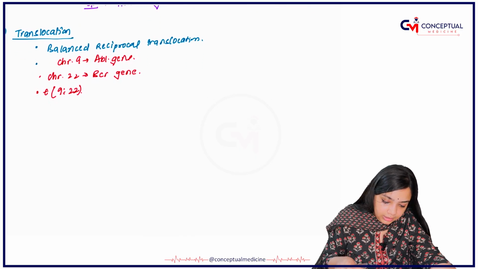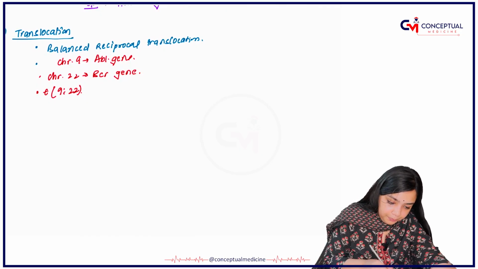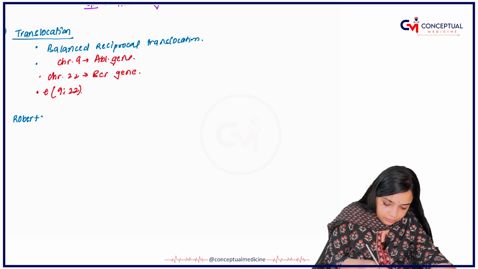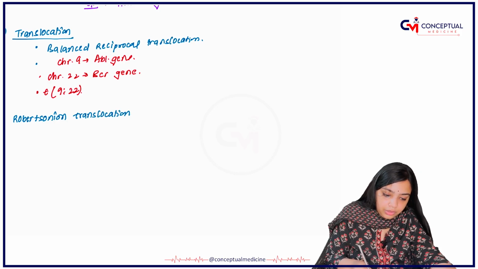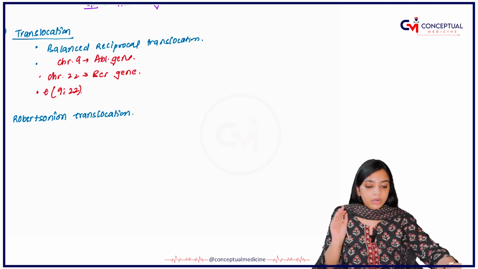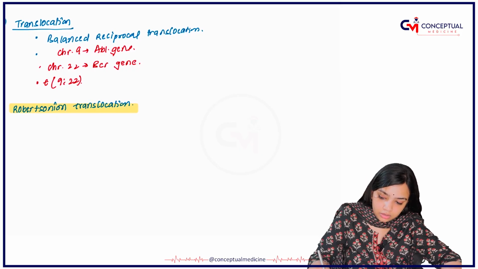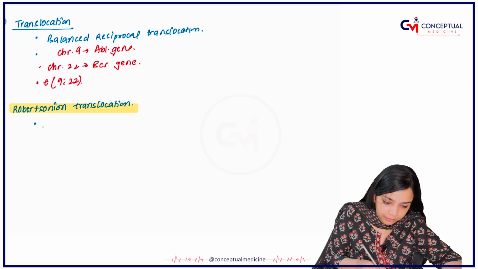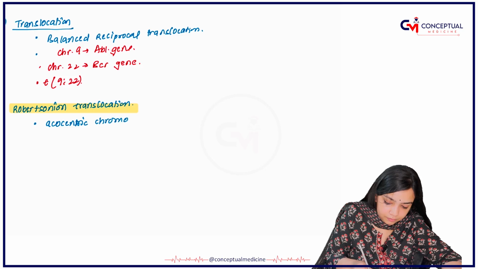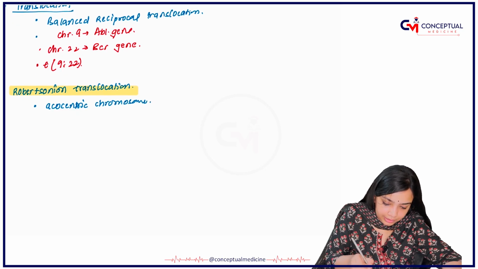Next thing that you have is the Robertsonian translocation. What is Robertsonian translocation? Robertsonian translocation means the acrocentric chromosome is translocated.